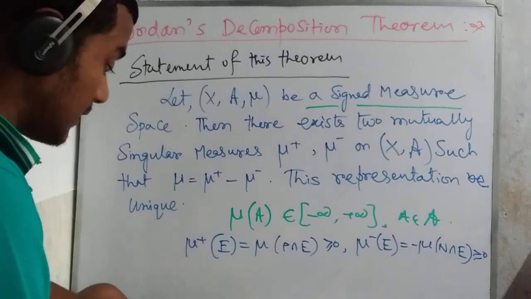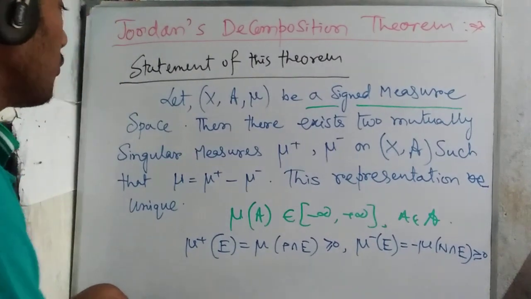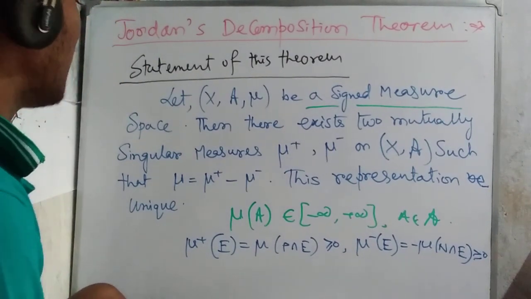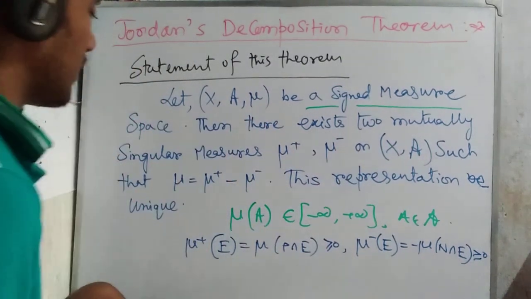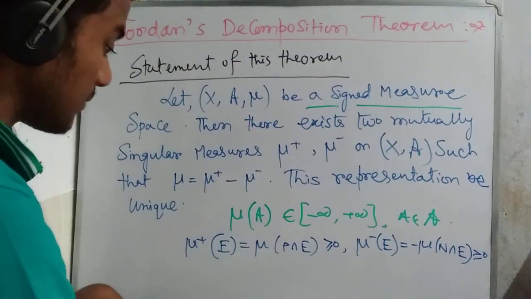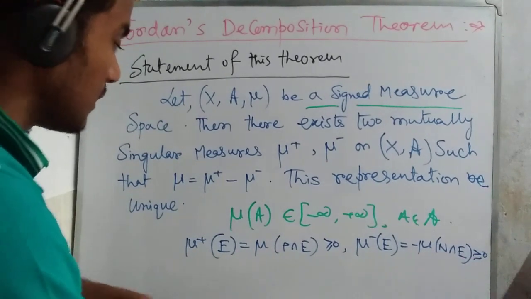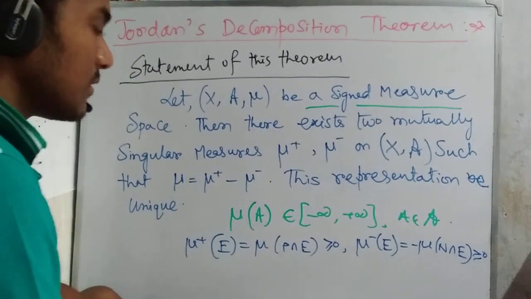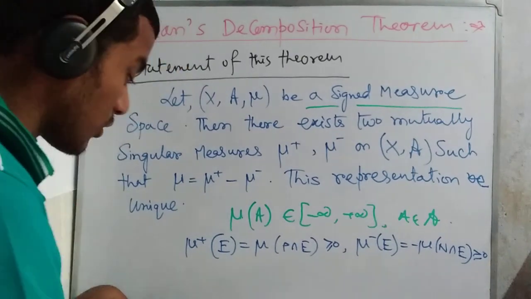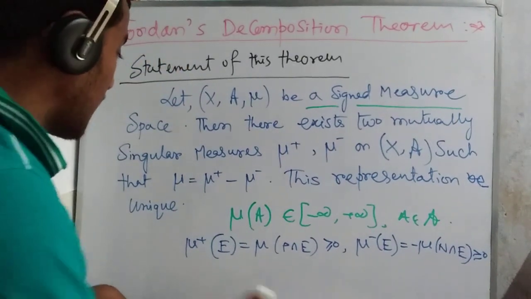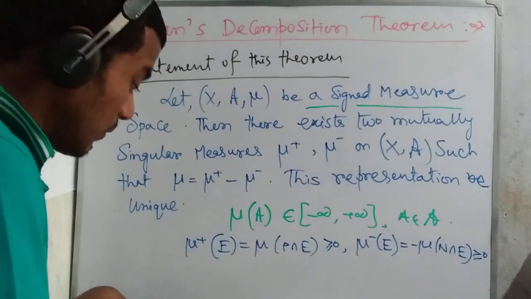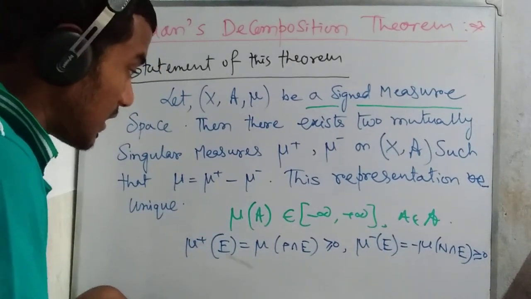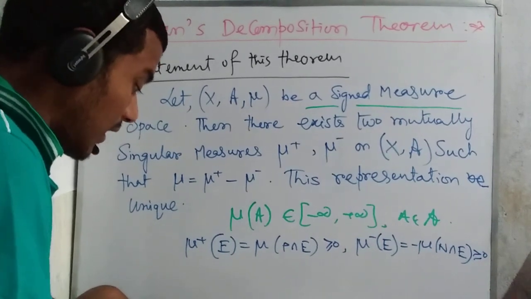Then we also show that there exist two mutually singular measures. Obviously μ⁺ and μ⁻ are mutually singular, because P and N are such that these measures are zero.